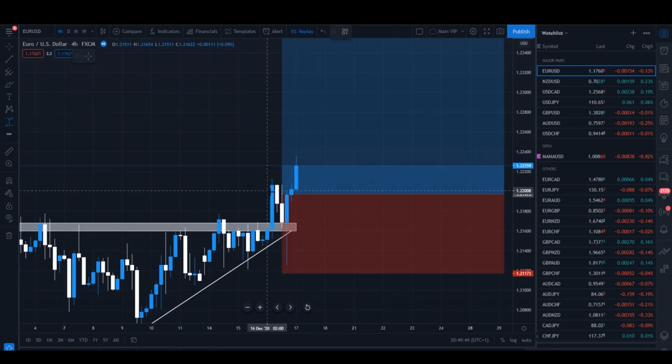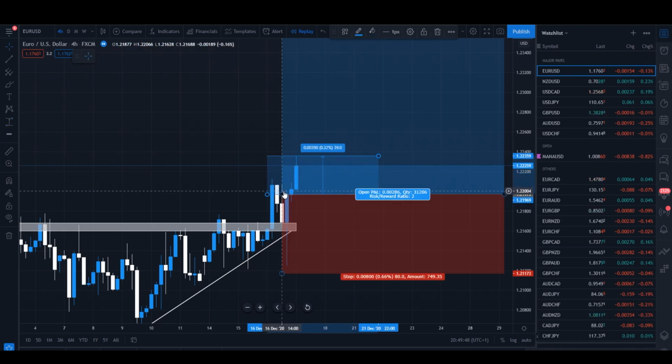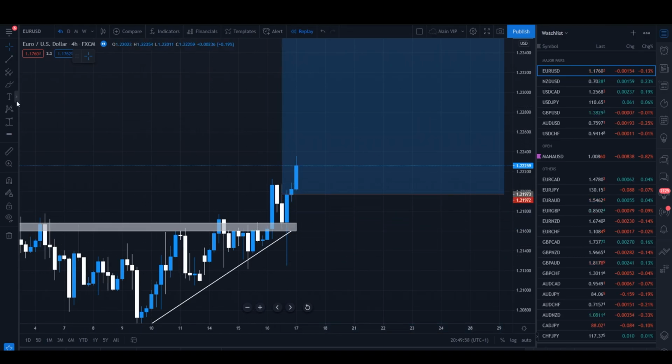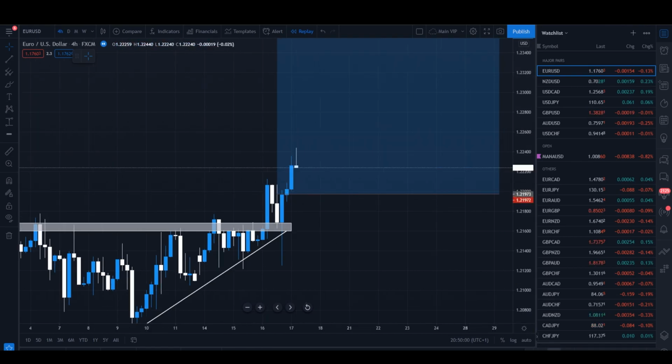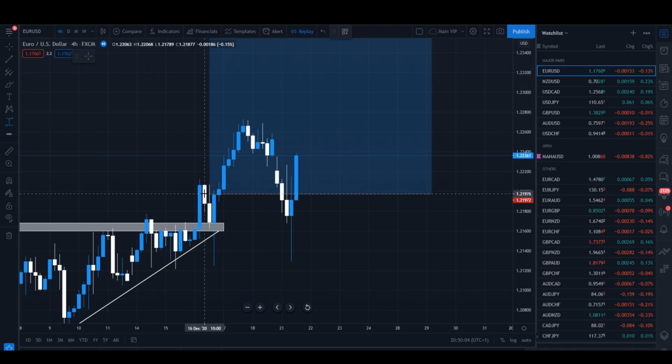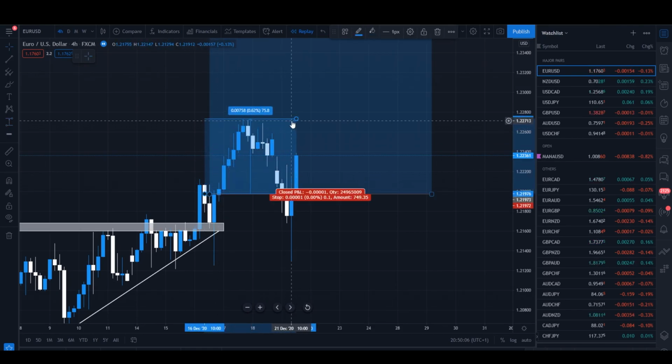So let's say price is moving towards the upside, 39 pips, you move your stop loss to maybe half of this, so maybe 40 pips or even to entry, and then you push with the market towards the upside and potentially make, let's say over here, 75 pips.